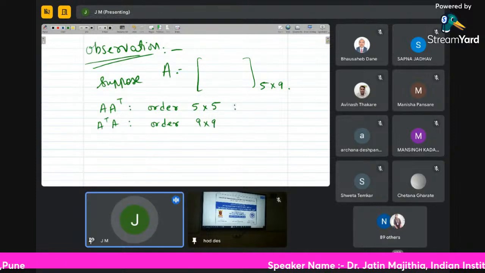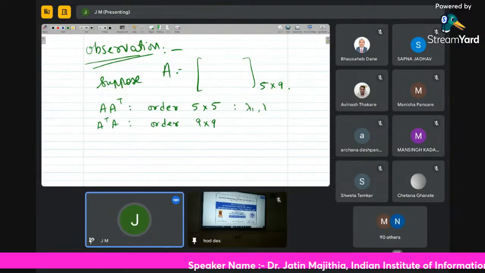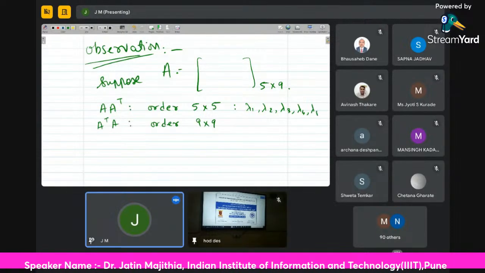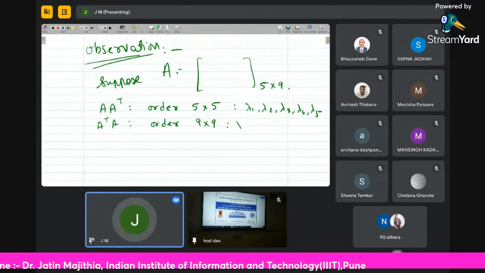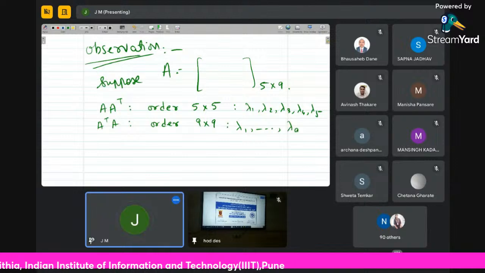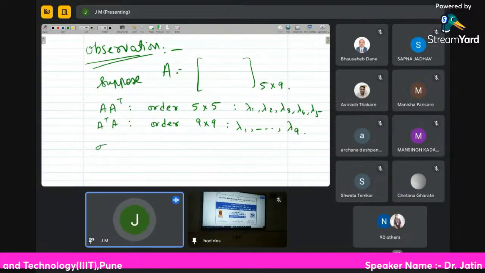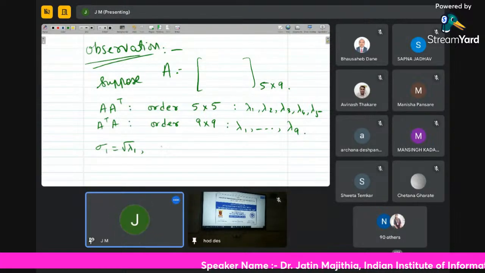So here you will have how many eigenvalues? Lambda 1, lambda 2, lambda 3, lambda 4, and lambda 5. And here you will have lambda 1 to lambda 9. Now, when you take the singular value sigma, okay, sigma i will be square root of lambda i.